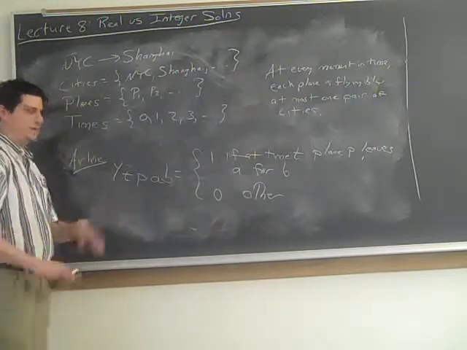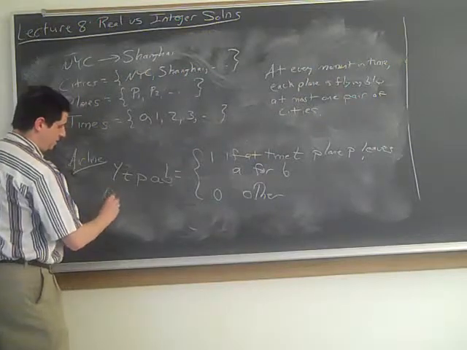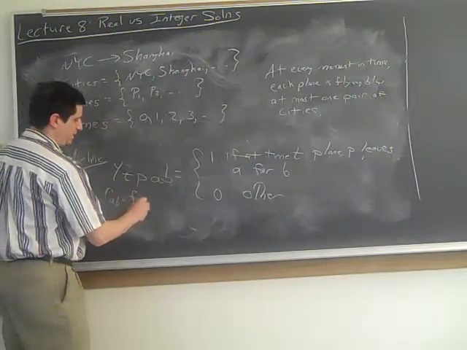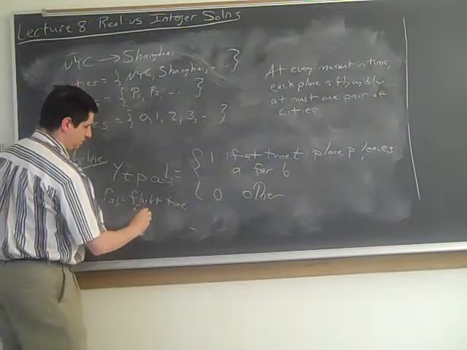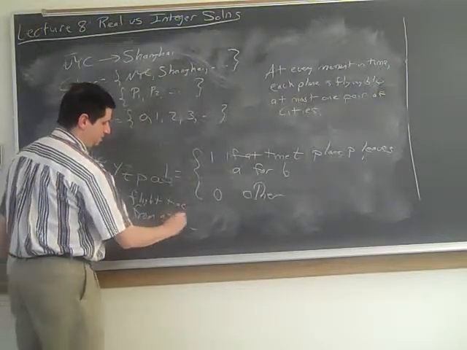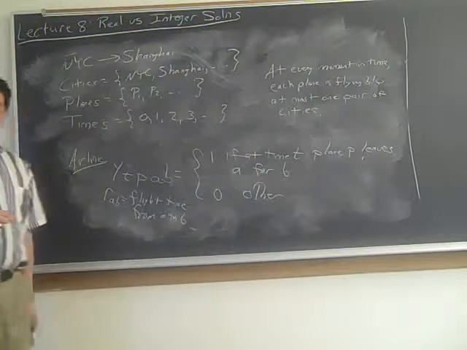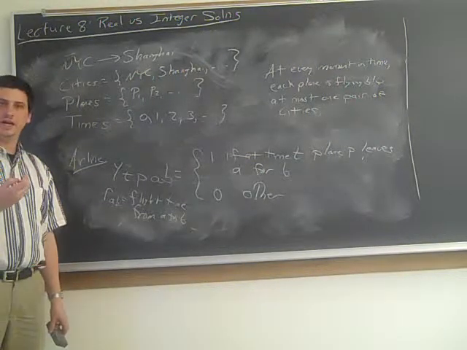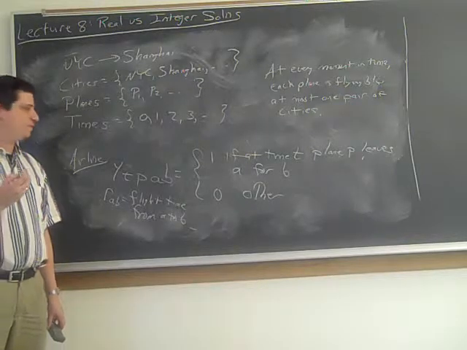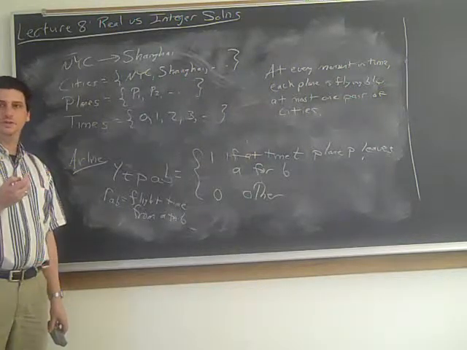And we know how long it takes. Let's let maybe R_{A,B} equal the flight time from A to B. So imagine at some moment in time, you have a plane going between two cities.